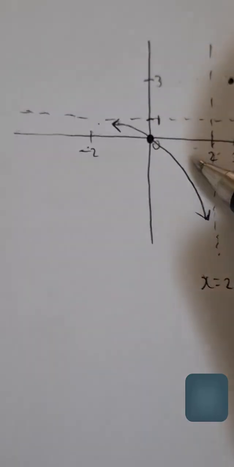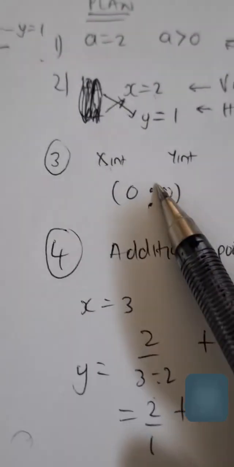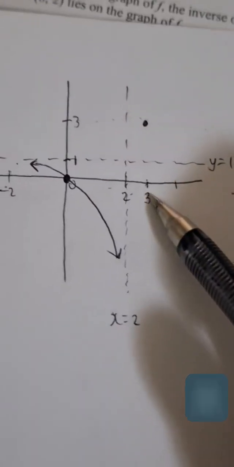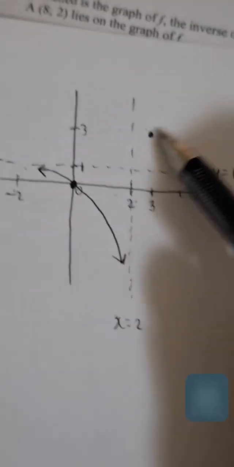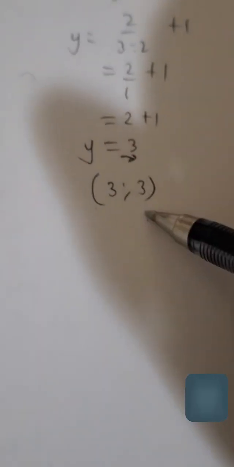So if you see from your x and y intercept there is no point for the other arm, it is your responsibility to choose an x value for that required quadrant and then substitute that x value in your function so that you can check the corresponding y value. So here, when x is equal to 3, the corresponding y value is equal to 3.